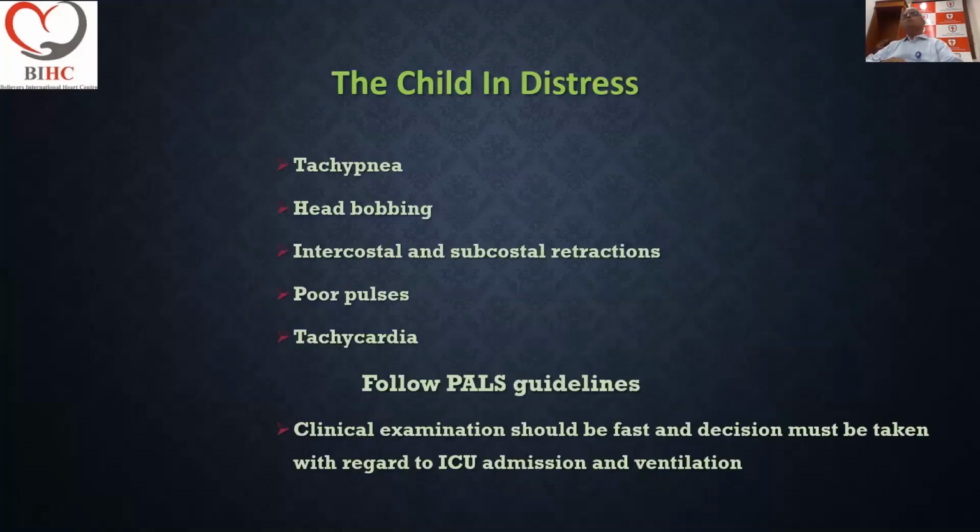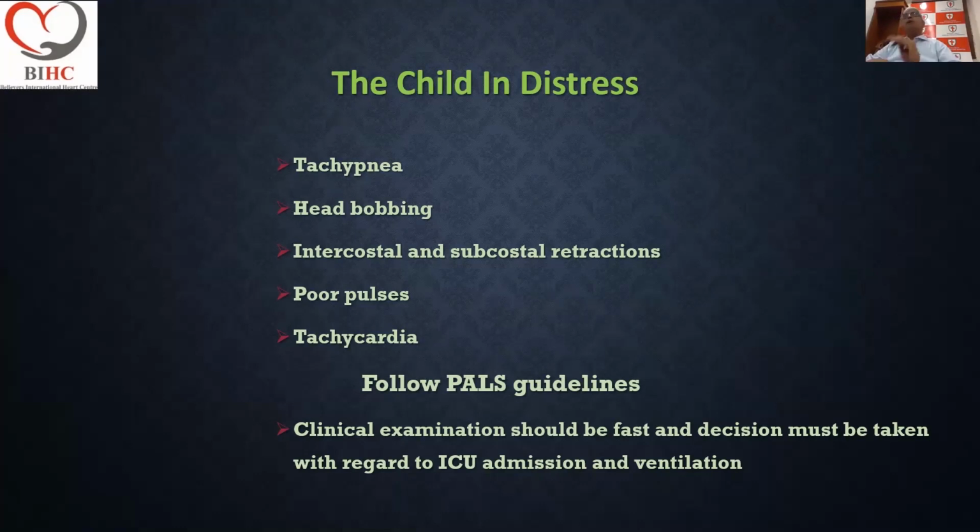But about the first point, the child in distress. If your child is tachypneic, the child is showing head bobbing, if the child has retractions, intercostal and/or subcostal, if the pulses are poorly felt, if the child is tachycardic, all these are far more important for the small baby because in a bigger child, you will recognize these things readily.